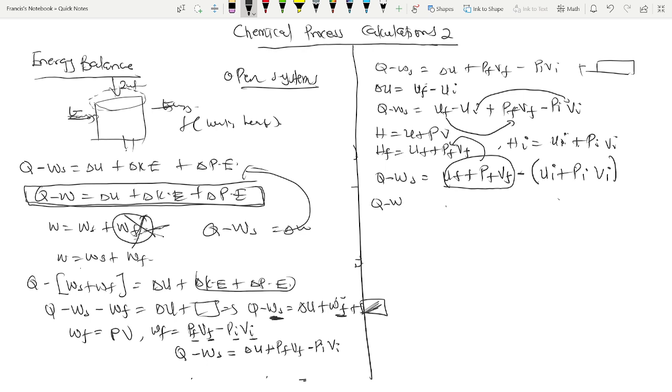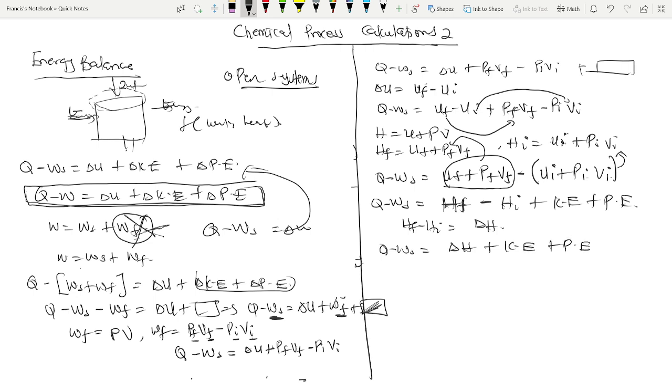So Q minus Ws is equal to HF minus UI plus PIVI, which also gives us HI. And then you can add our terms, kinetic energy plus potential energy. Now HF minus HI gives us change in enthalpy. So Q minus Ws is equal to change in enthalpy plus kinetic energy plus potential energy. So for an open system, this becomes the first law of thermodynamics for an open system.